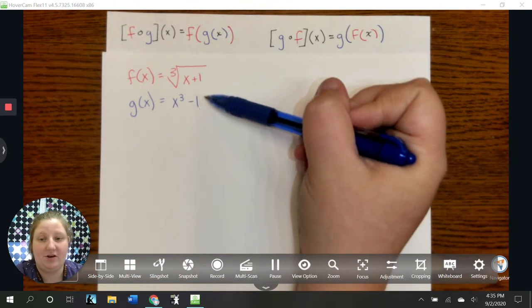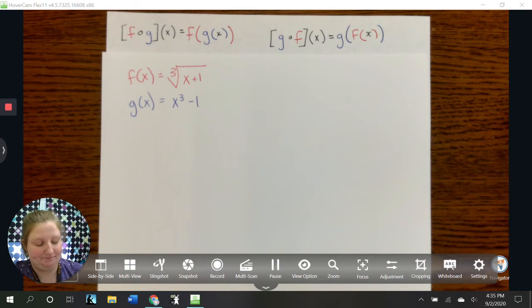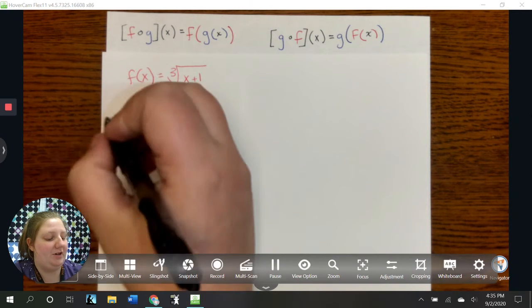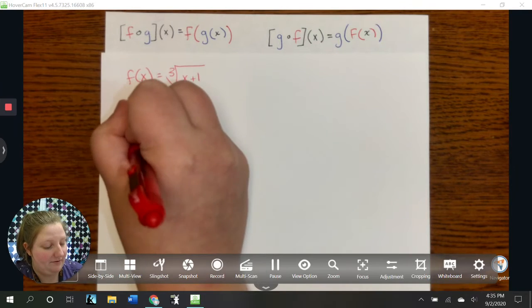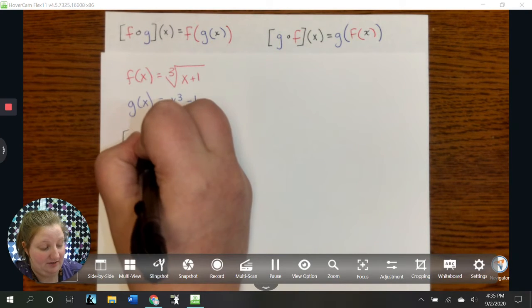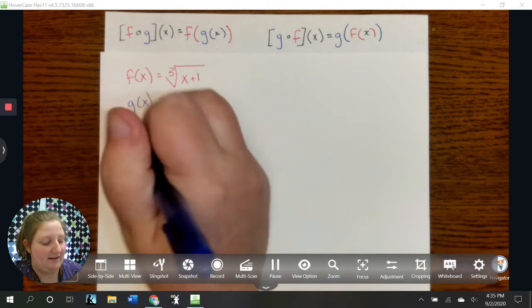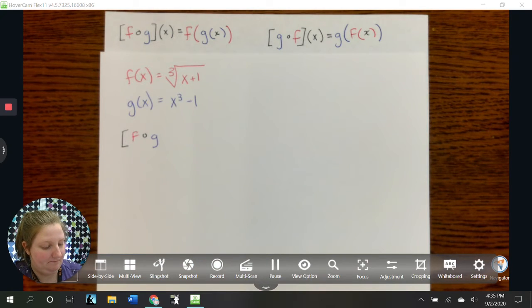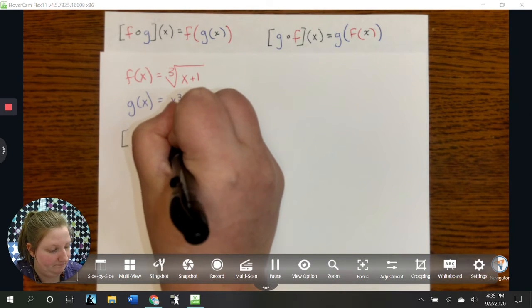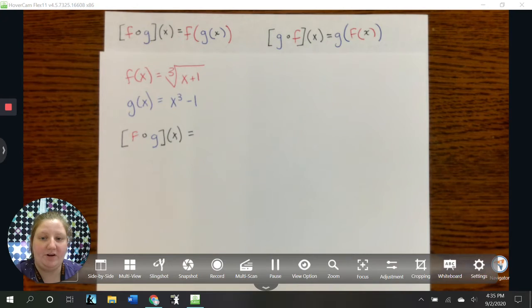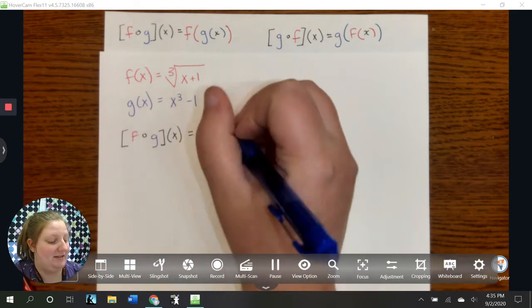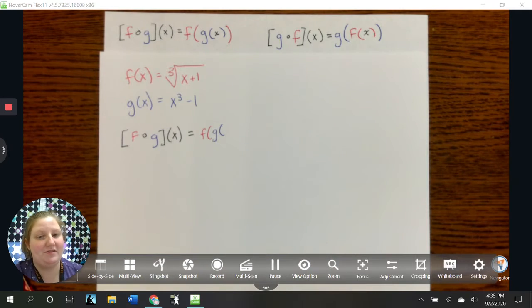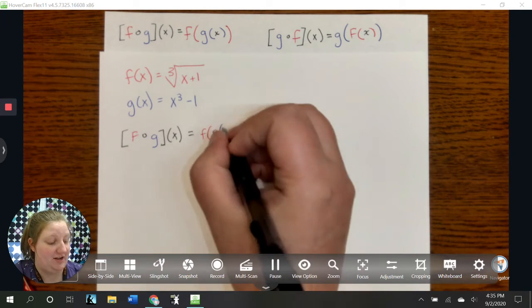These are going to be our two functions, and we're going to do f of g of x. You can say it the same way, or you can say f composed with g of x.